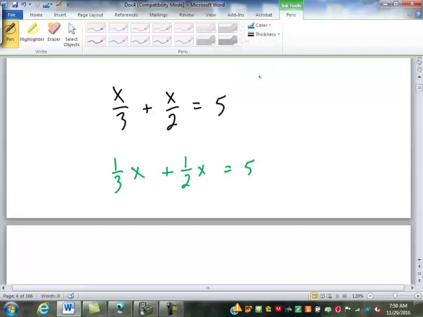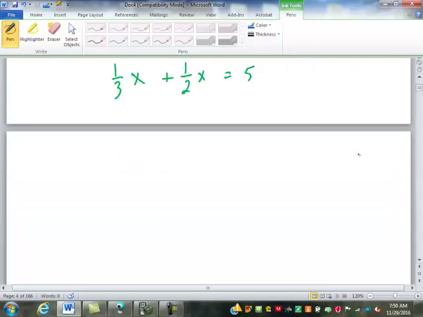Now, just like if I had 3x plus 5x equals 24, I would add the 3x and 5x. Same thing here. I'm going to add the 1/3 x and the 1/2 x. So before I can do that, I need common denominators. So the common denominator is going to be 6. So 1/3 is 2/6 x. 1/2 is 3/6 x, equals 5.